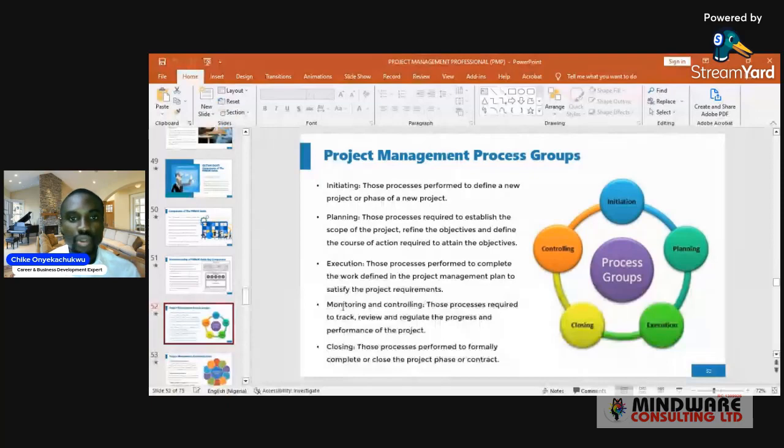So when you talk of integration management, it has to do with coordinating and combining the various processes from all the process groups to be able to give you the results that you're looking for at the end of the day.